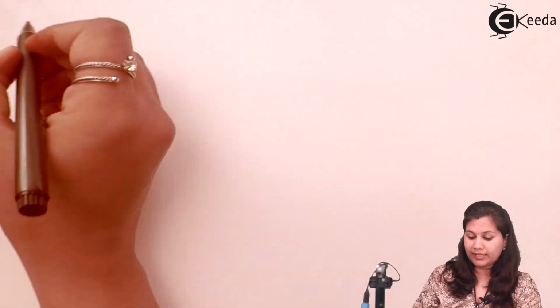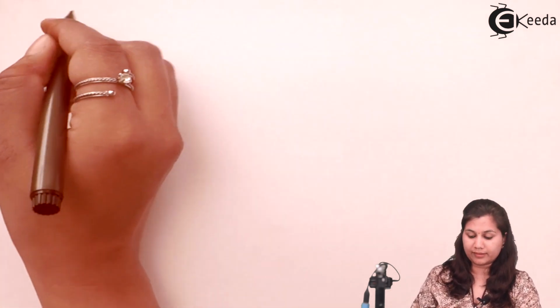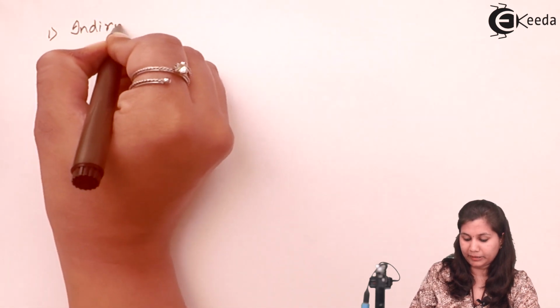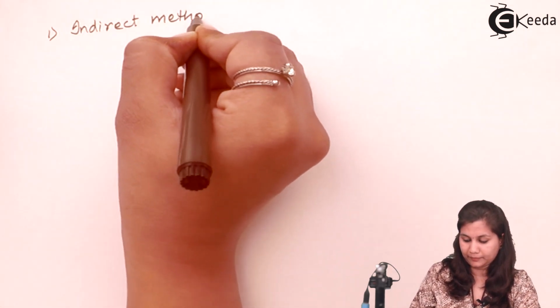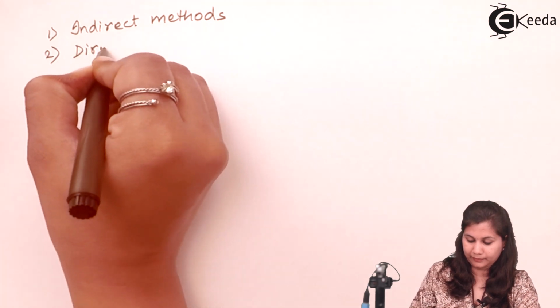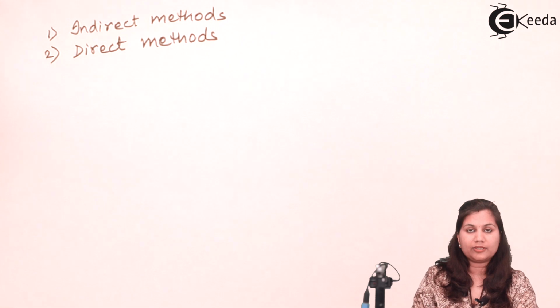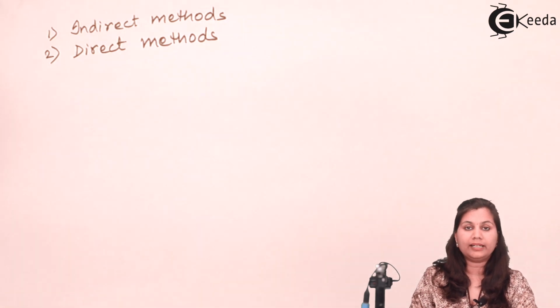Now this measurement of the level is done by two methods. One is the indirect method and the other is the direct method. In the indirect methods of level measurement, the level is not measured directly. It is converted into some other measured signal, and that signal is measured with the help of some transducer.